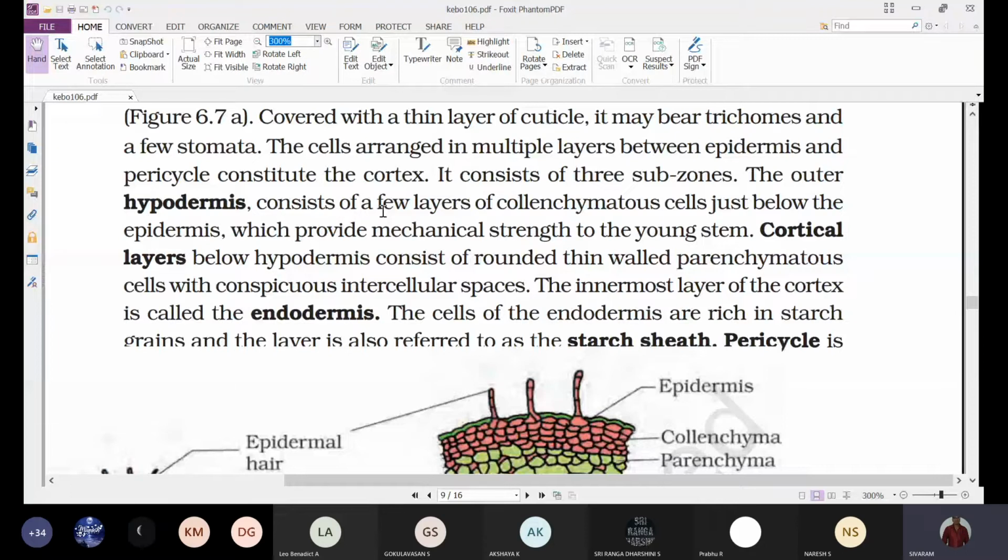It is a few cell layers thick, and in dicotyledonous stems it is made up of collenchyma, which provides mechanical strength to the young stem.